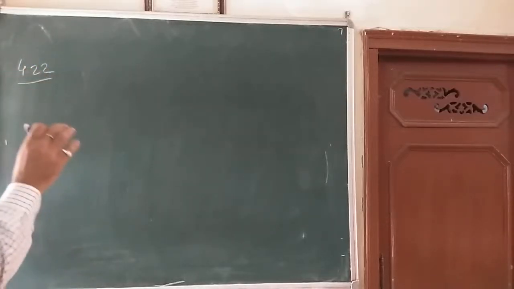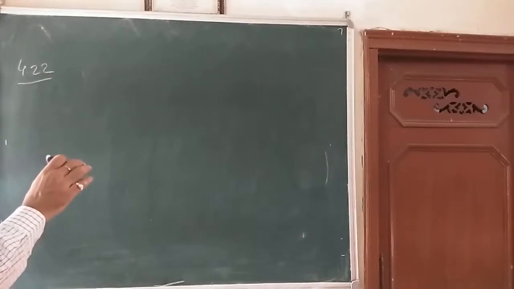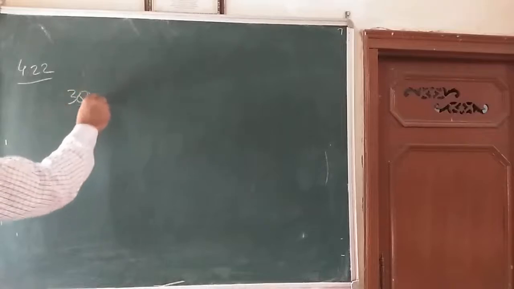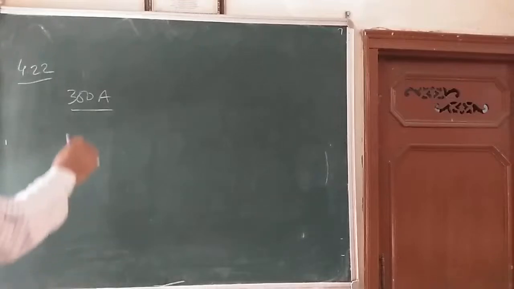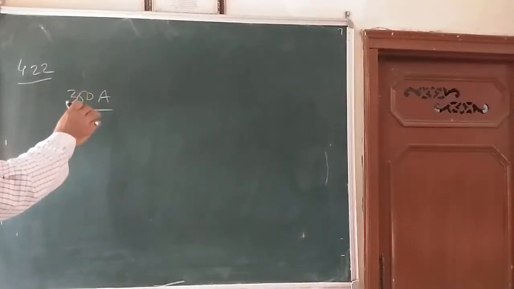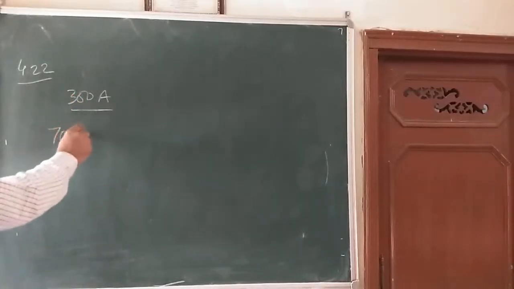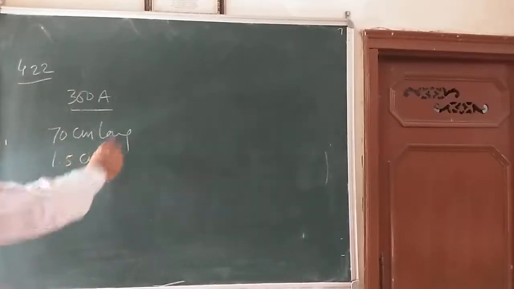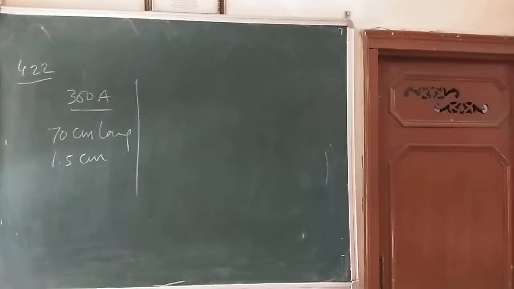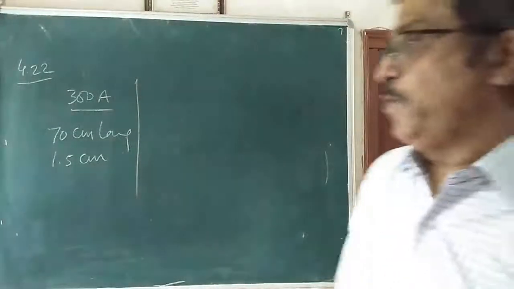The wires which connect the battery of an automobile to its starting motor carry a current of 300 ampere. For a short time, what is the force per unit length between the wires if they are 70 centimeter long and 1.5 centimeter apart? These are the things given. Is the force attractive or repulsive? This is our question of NCERT 4.22.